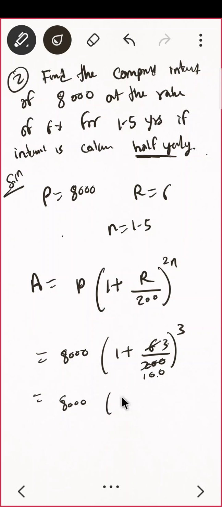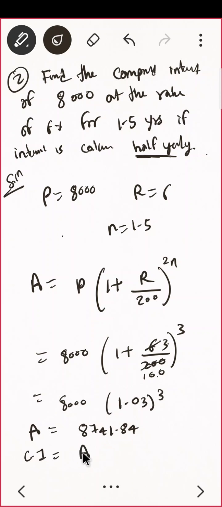That is 0.03. So on addition, what will come? 1.03 the whole cube. You just calculate this, multiply with 8000. That will be 8741.84. This is the value of the amount. What is compound interest? Amount minus principal. So what will come? 741 rupees. Is that clear?